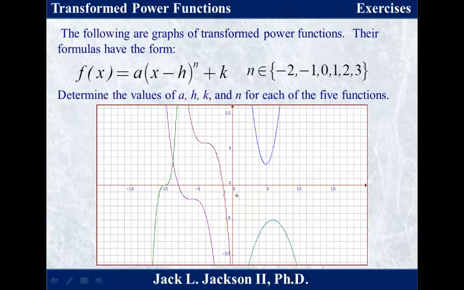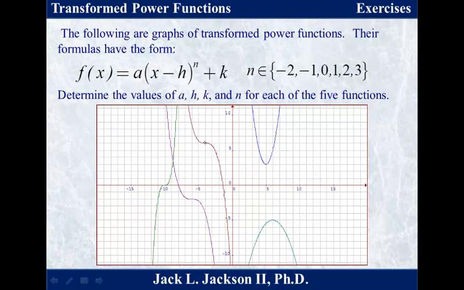This one down here has been shifted right and down, so h is positive, k is negative. Okay, so h is actually 6, k is negative 5, because those are the coordinates of that vertex right there. And the right arrow is pointing down, so it's been flipped upside down, so a is negative. We'll come back to what a actually is in just a second.